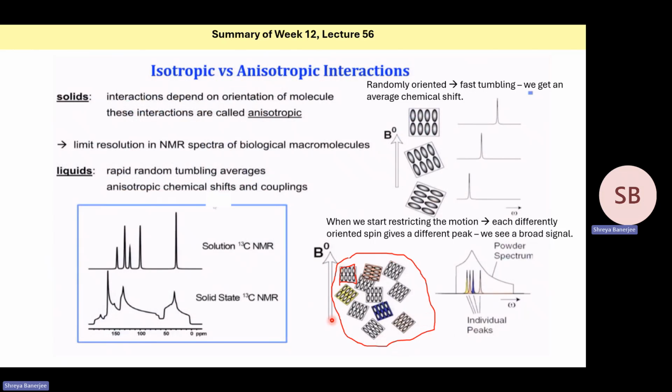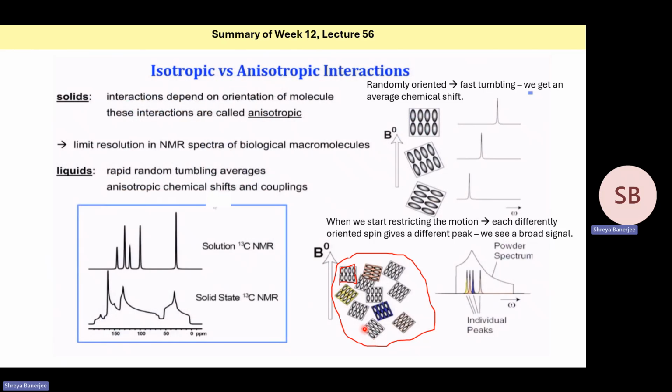So we are restricting the motion of the spins. Suppose the spins which are oriented in this red square will show a different chemical shift shown by this red peak. The spins in this blue square are oriented differently, and we have also restricted their motion, so they are not able to change their orientation. They will show a different chemical shift shown by this blue peak.